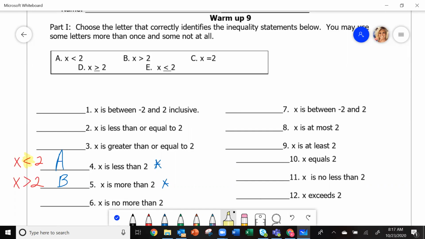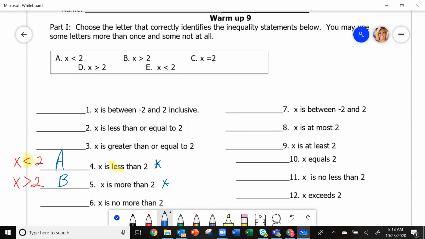It looks like that arrow, like the point is going towards the left. What hand are you using to make that symbol? The left hand. Left starts with L, less starts with L. There are other ways that people try and help you remember that, but that's one way that I use. And I know it's hard to see sometimes when you don't actually see what I'm talking about, but if you can make that symbol with your left hand, that's the less than symbol.